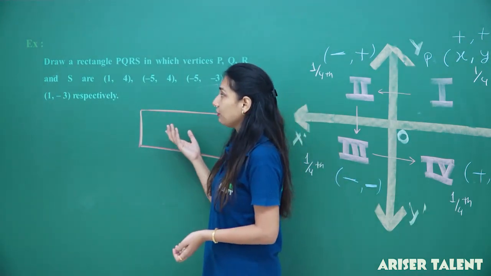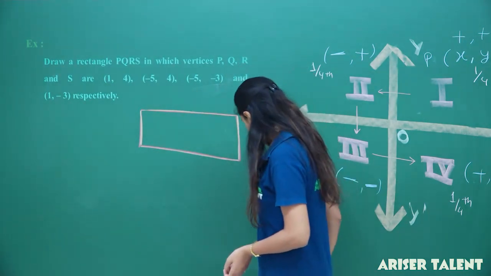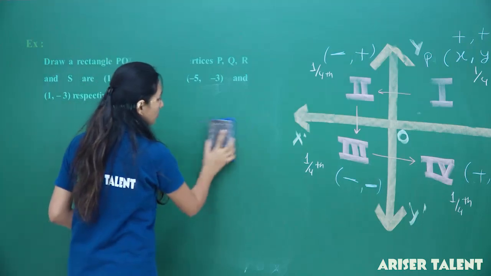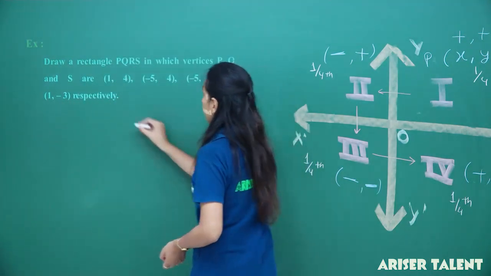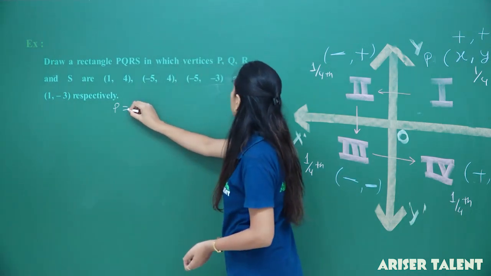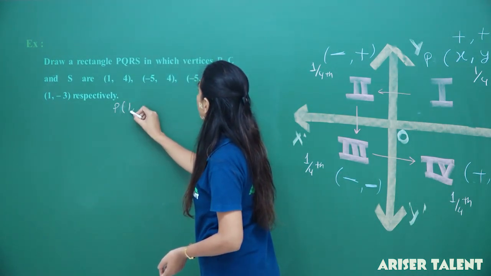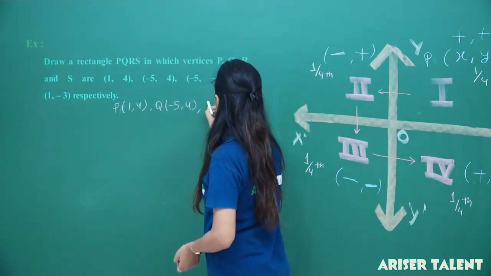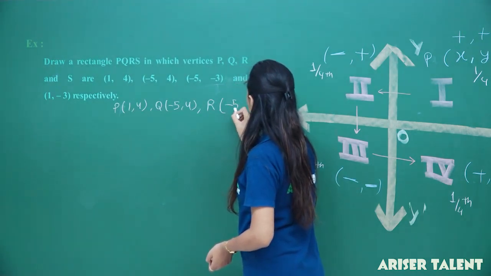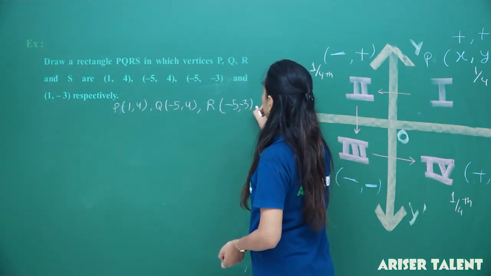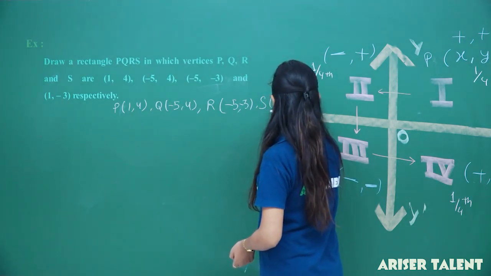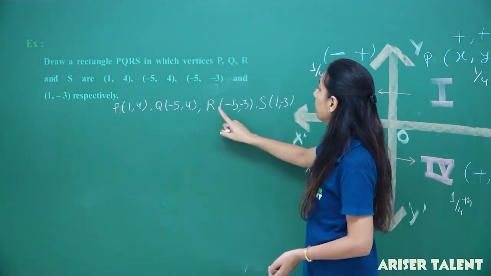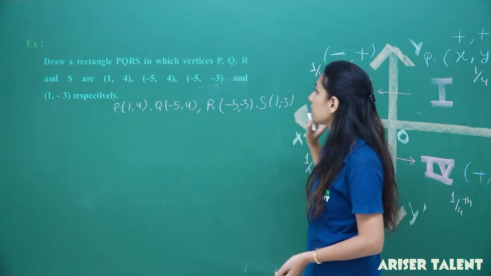Now we have to draw a rectangle, and we have some points here. So what will we do for this? We have P (1, 4), Q (-5, 4), R (-5, -3), and S (1, -3) respectively.